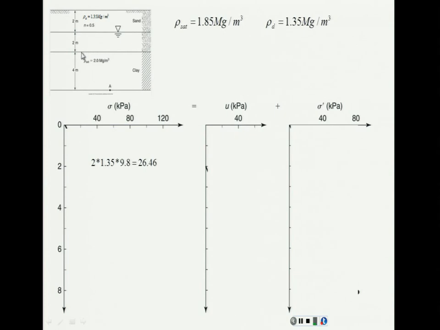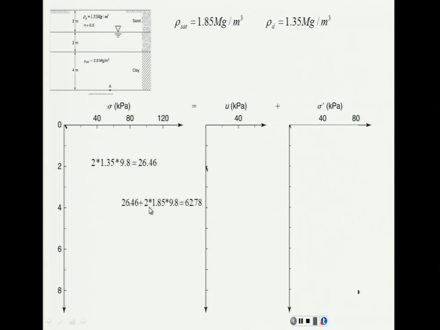Now, what about this point? You just have to get this value that we had before and add this weight. What is this weight? 2 meters multiplied by what? Very good. Gamma saturated, which is this one, and multiply by, once again, gravity.